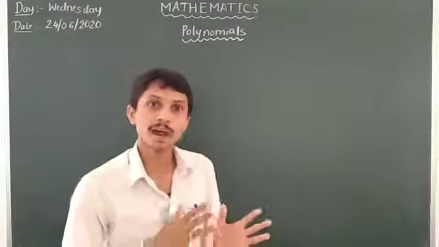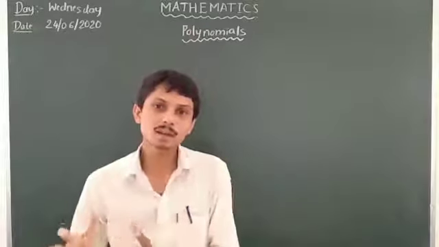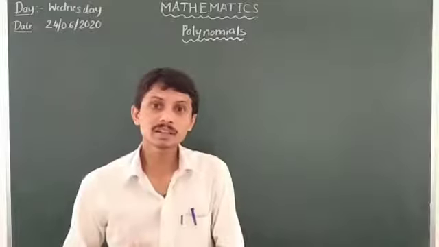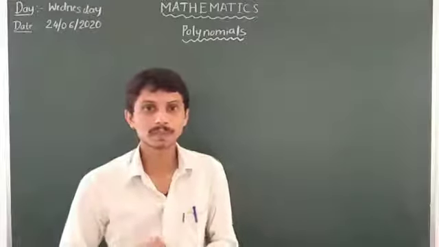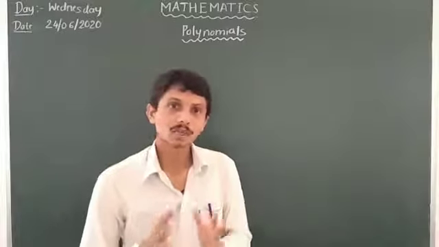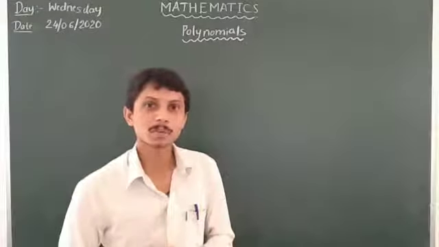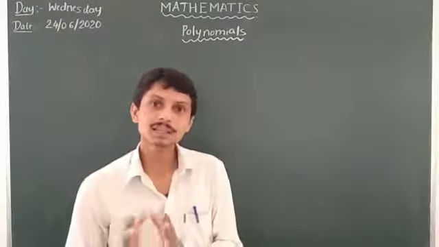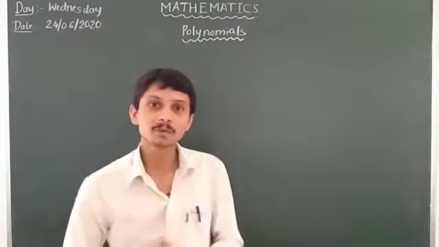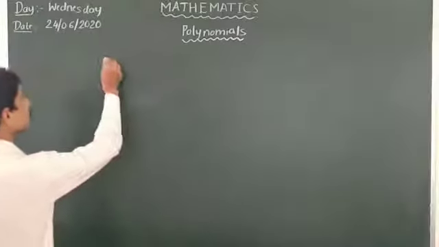That means we have to add or subtract all those terms having different degrees of variables, that is, different powers of variables. So what is meant by polynomial? A polynomial is an algebraic expression of more than two terms, especially the sum of several terms having different powers of the same variable.